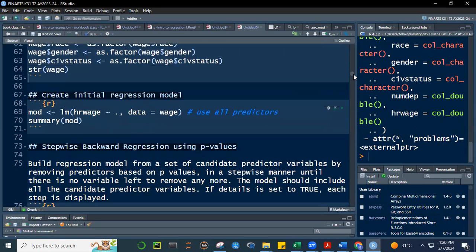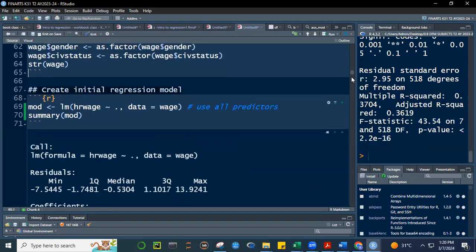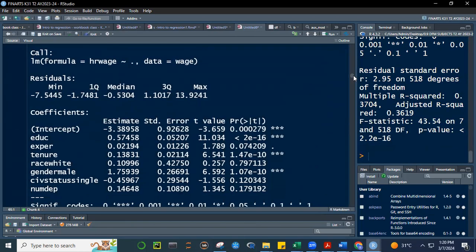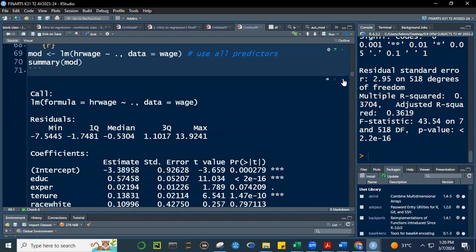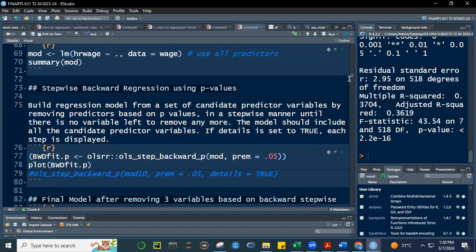So what we did last time was create a model where we regress hourly wage on all our predictors. Let me just run this. This is our regression output, where some of our predictors are not significant. And what we learned last time was that if we perform stepwise regression, we'll be able to come up with the final model.